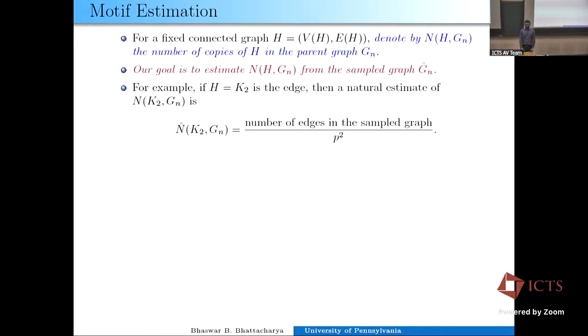But what's the right way to sample a subgraph? Bernoulli sampling is not the best way. There are other sampling schemes where you sample a vertex and also get to see all its neighbors. It's called one-step neighborhood sampling, things like that. So there are more sophisticated sampling schemes. But as I mentioned, the more sophisticated the scheme, the harder it is to prove results.